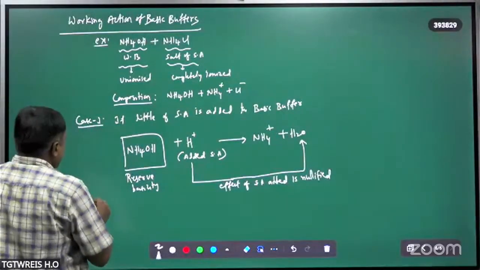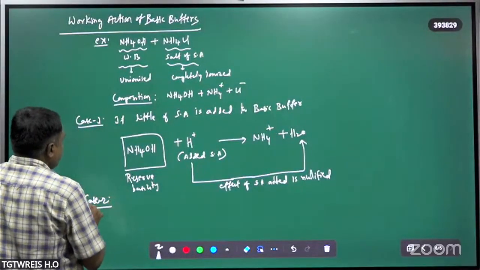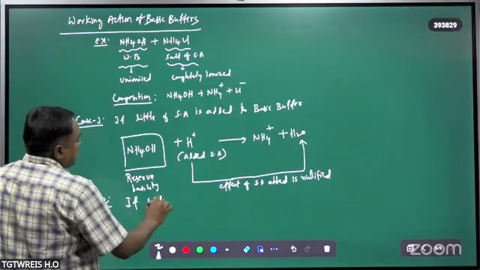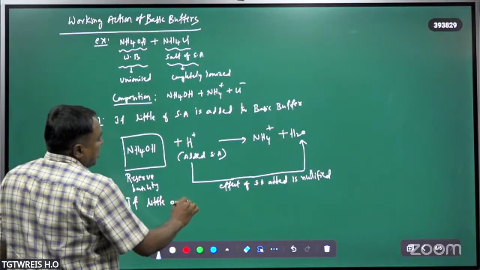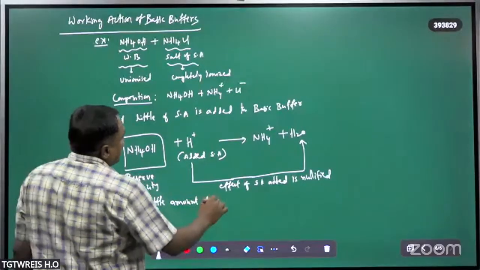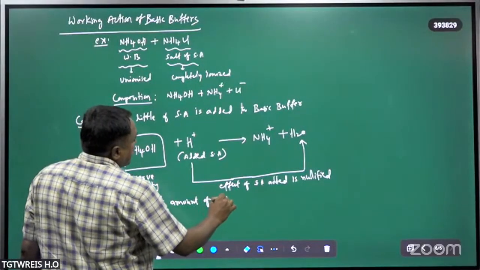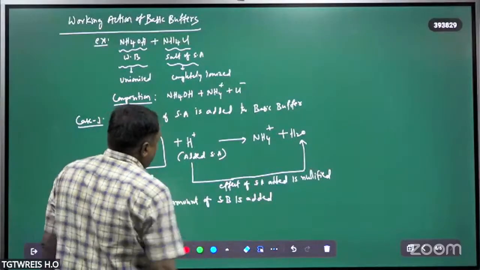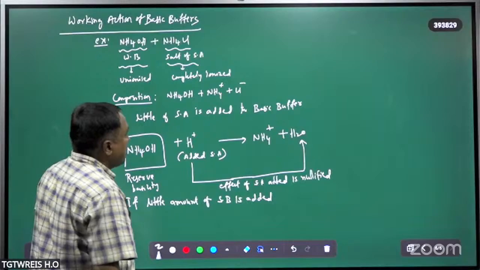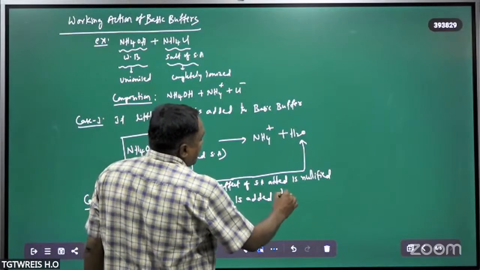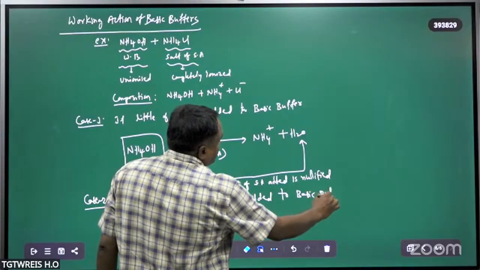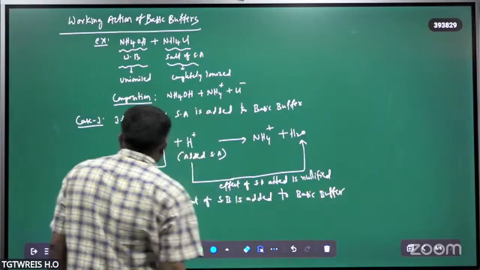Suppose case 2. If a little amount of strong base is added to a basic buffer, what will happen?